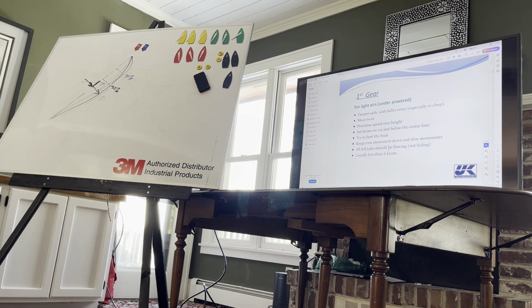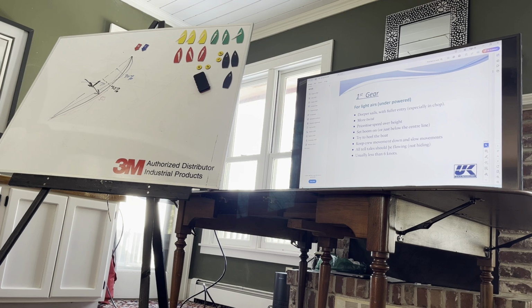The concept that I want you to get here is deep sails develop power. Flat sails get you to point. Draft forward sails give you power. Draft aft sails give you pointing. So if we're coming through a tack and we're getting into powerboat chop, we'd be loosening the halyard, in theory, to move the draft aft to get more power.